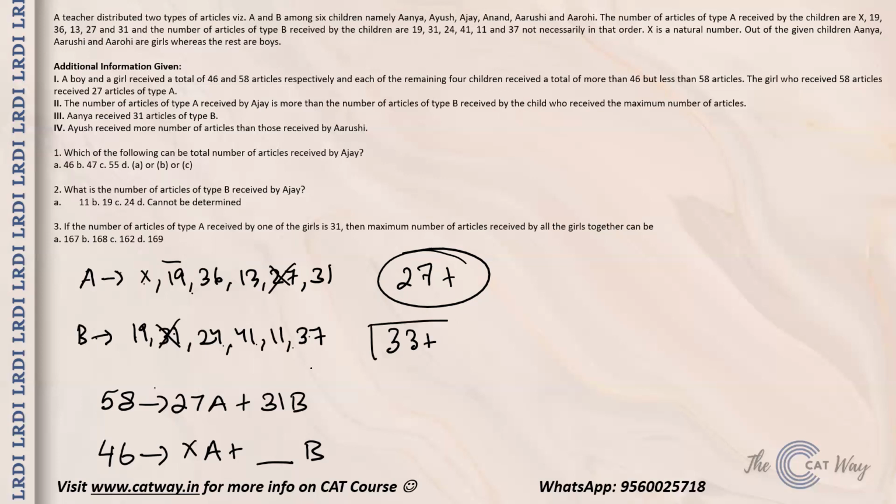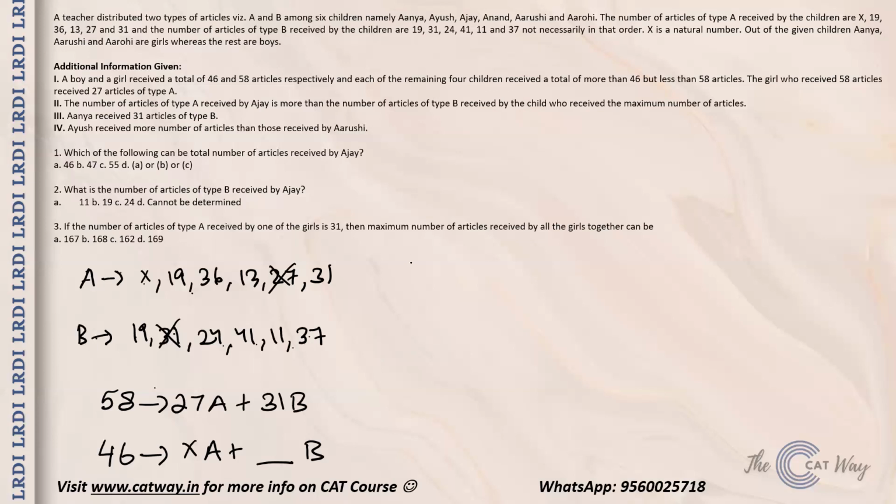So for 13, both the possibilities are there, and for 19 also both the possibilities are there. But if you check 41 with 19, it will cross the 60 mark, which is more than 58. So 19 cannot be linked with 41. So the number which is going to be linked with 41 will be 13.